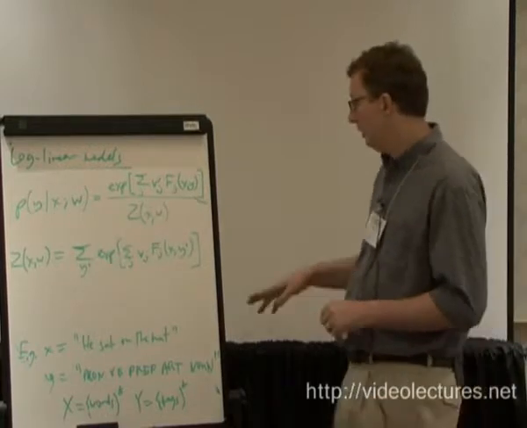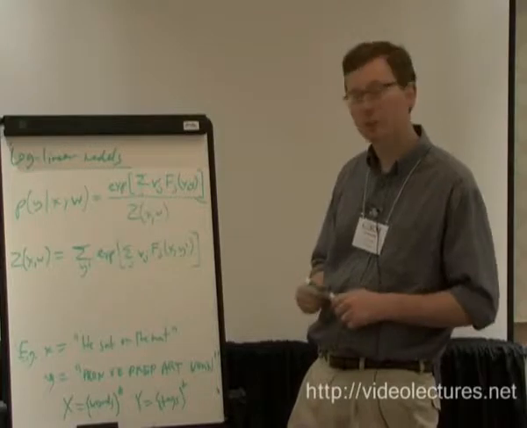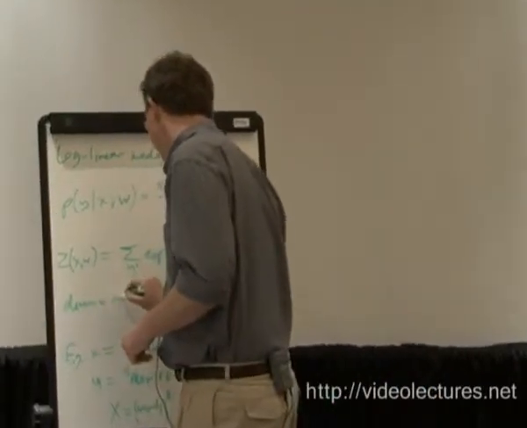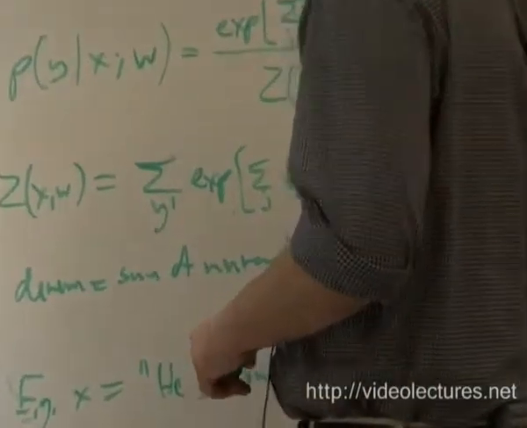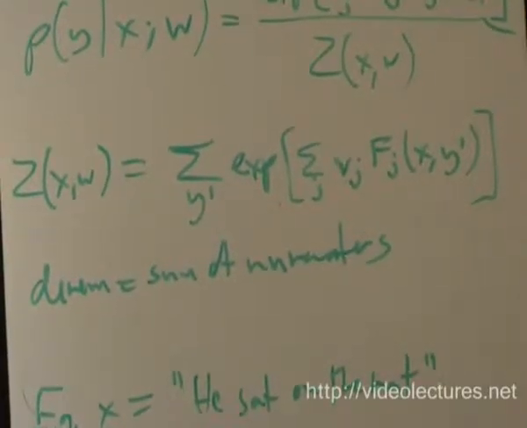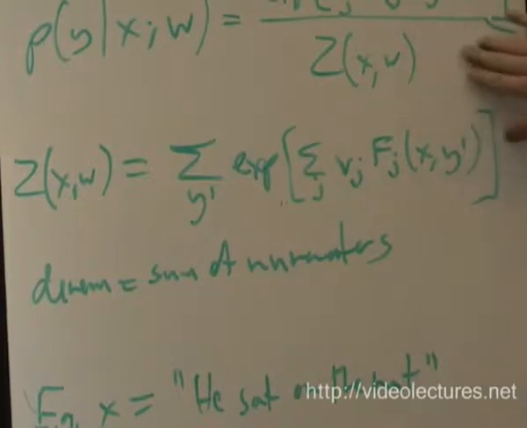So just from a formal point of view, the denominator has to equal the sum of the numerators, and that's the z.